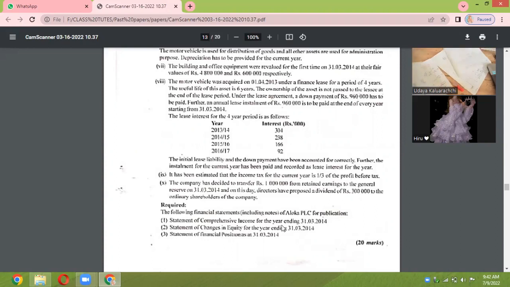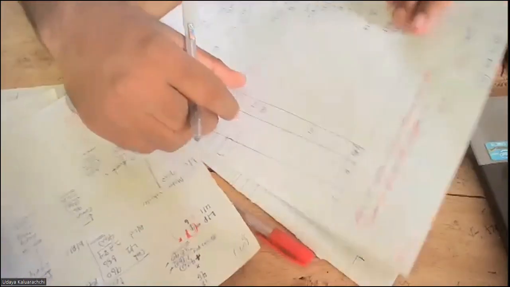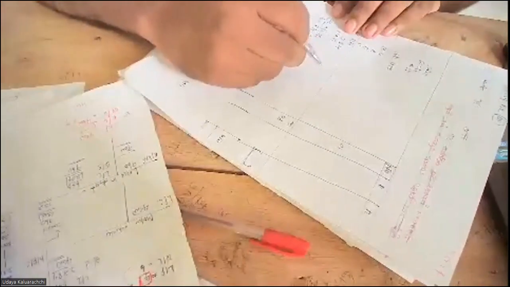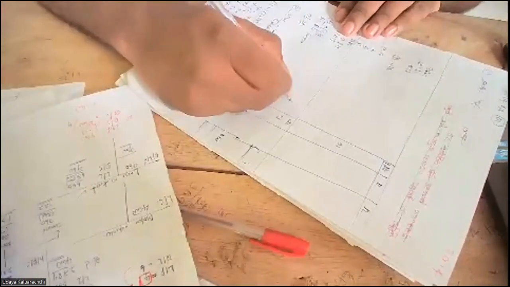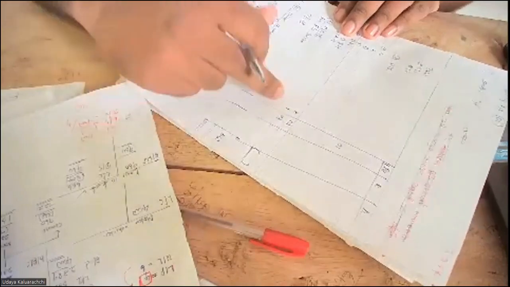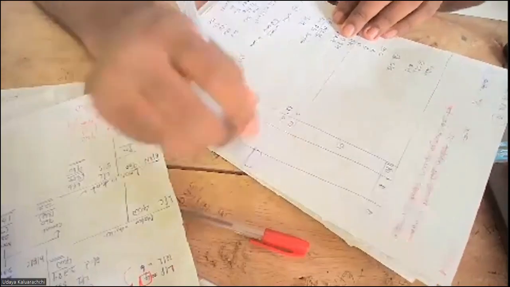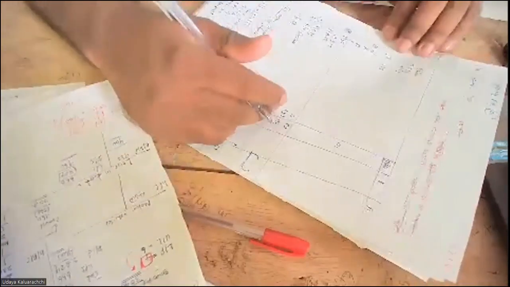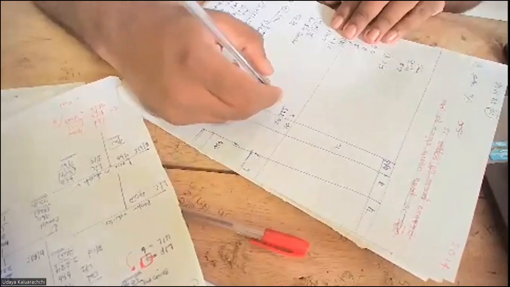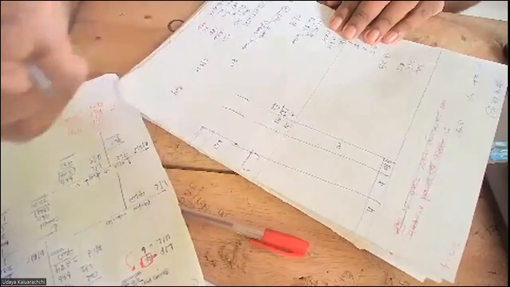So in income statement, now you can write this fraction, right? Income tax is 1/3 from profit before tax. Then after deducting this income tax, you have profit after tax, right?